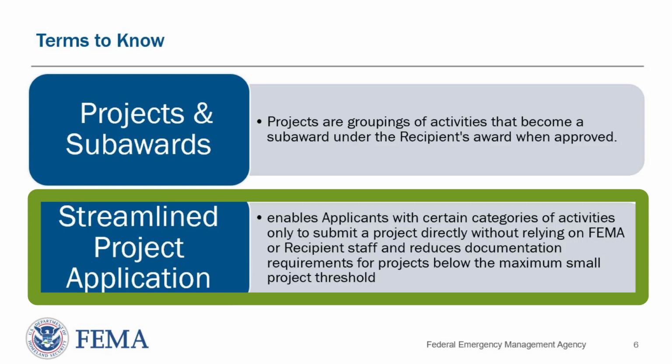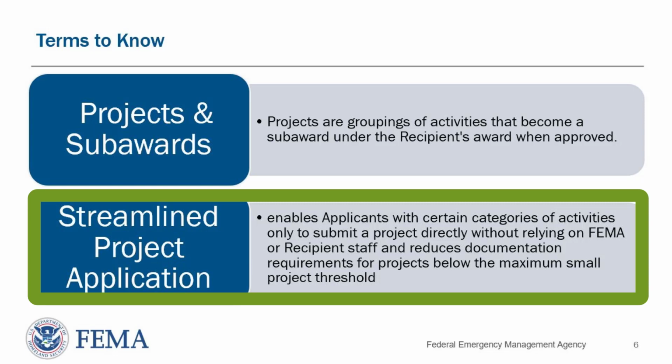Streamlined project application enables the applicant with certain categories of activities to submit your project directly without FEMA or recipient staff. It reduces the documentation requirement for projects that are below the small project threshold. Certain categories, there's currently 3 categories that you can submit a streamlined project application for. It started with COVID, which is a category B, emergency protective measures.